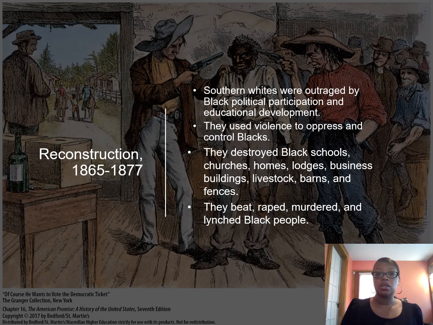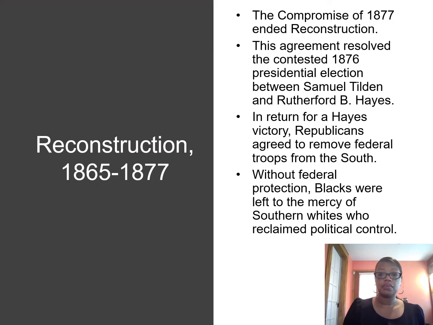So Southern whites destroyed Black schools, churches, homes, lodges, businesses, buildings, livestock, barns, and fences. They beat, raped, murdered, and lynched Black people, all in an effort to control and oppress them. So white vigilante groups like the Ku Klux Klan used this violence to try to force Black people into submission and return them to as close to a state of slavery as possible.